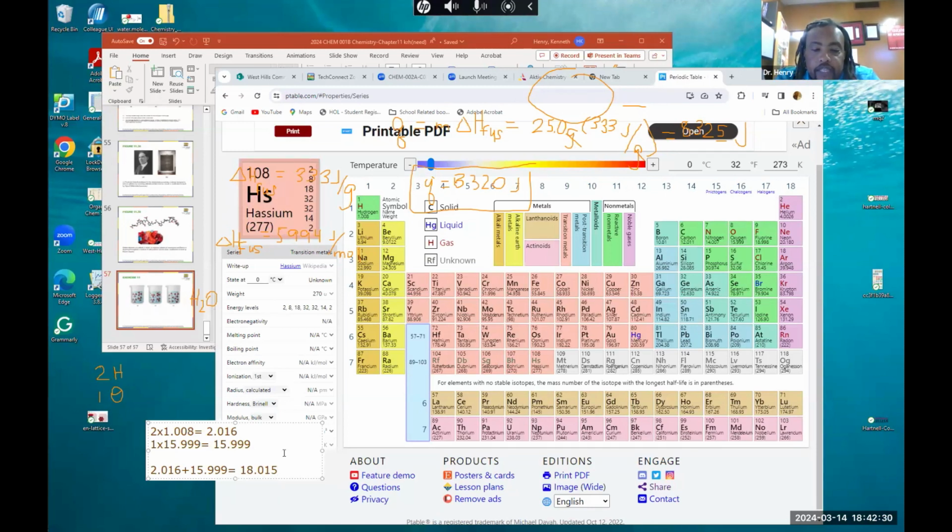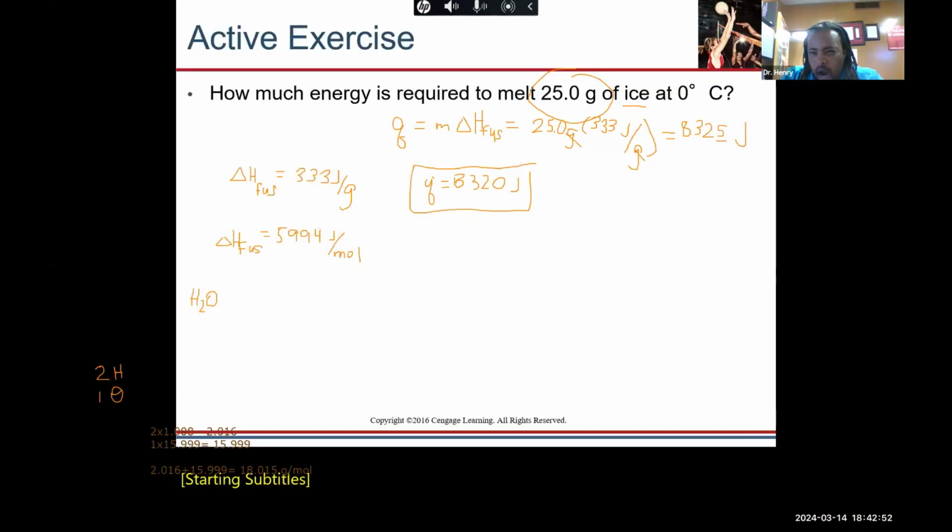And the units for that are going to be grams per mole. Okay. So now that we got that, I'm going to go back to our other page, our slides. Pull that back up so that we can actually see it.